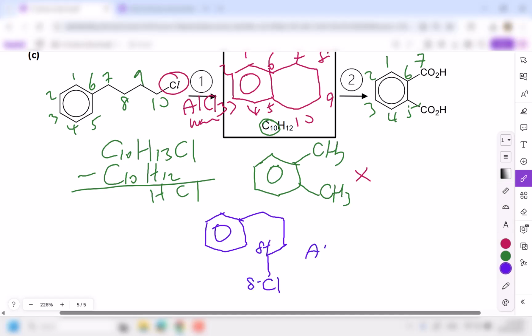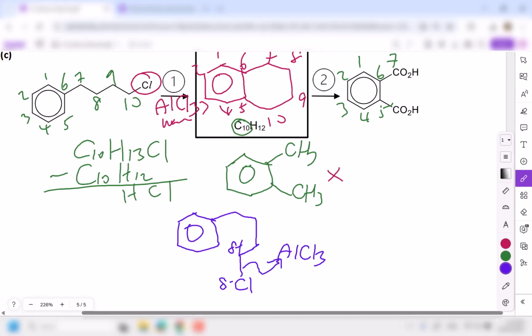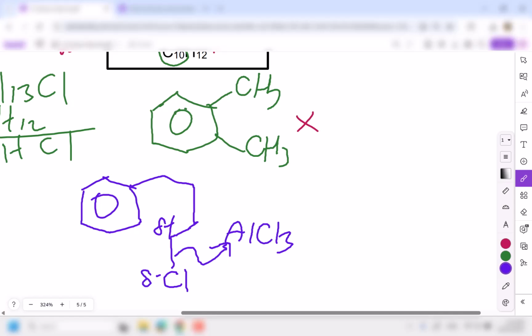If you remember your electrophilic substitution mechanism, this will be a nucleophilic C-Cl, so it will attack the electron deficient aluminium Lewis acidic group. Then in the process you will generate an electrophile like this.